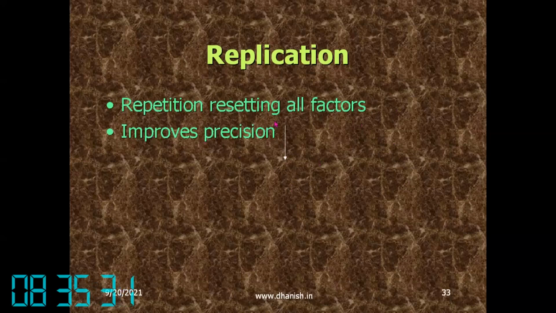To capture that variability, we have to reset all the factors. Then it is called replication. If you don't adjust some variables, we say it is partial replication, and then the standard deviation is reduced, so the effects have to be higher to be significant. So replication is repetition with resetting of factors.